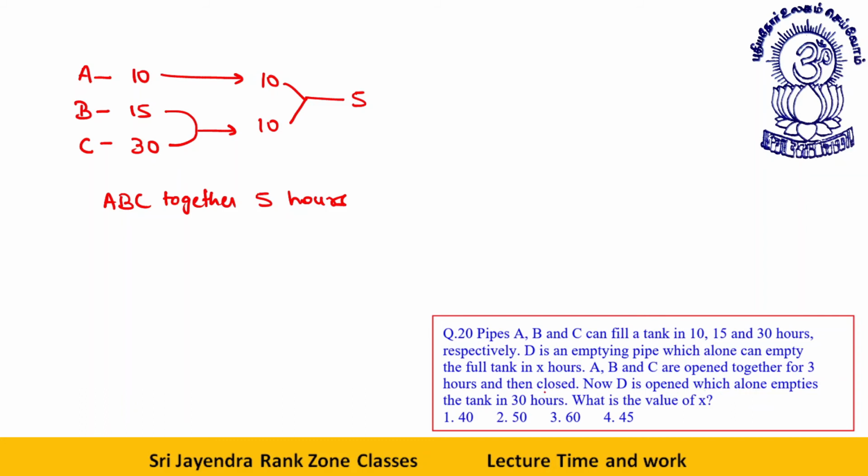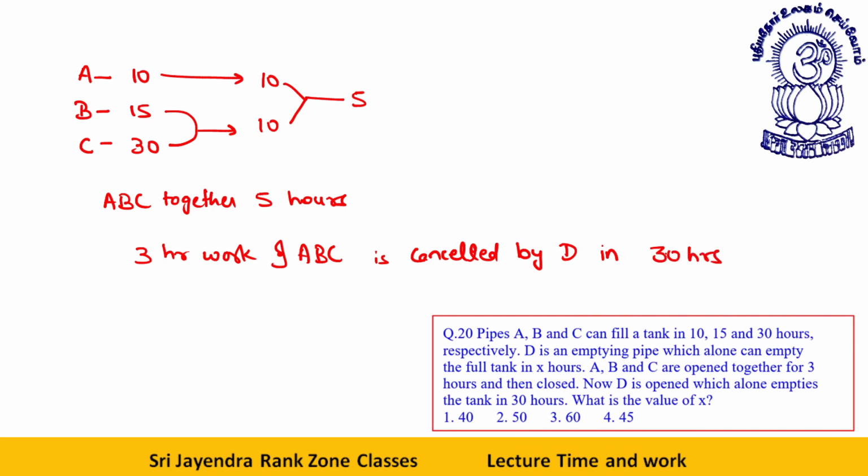The other thing: A, B, C are opened for 3 hours and then closed. Now D is opened which alone empties the tank in 30 hours. Look, the 3 hour work of A, B, C is cancelled by D in how many hours?